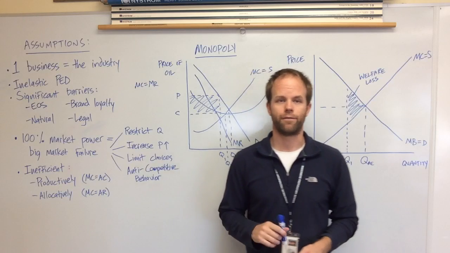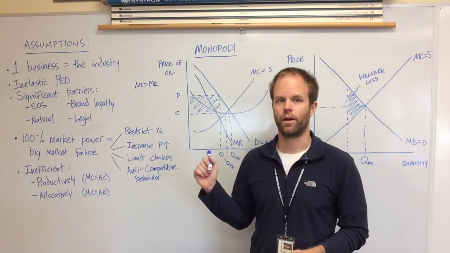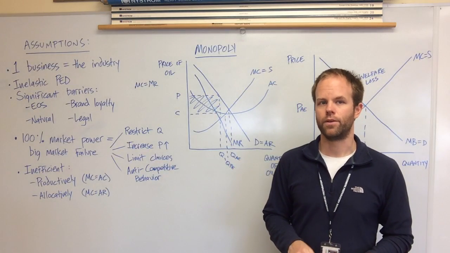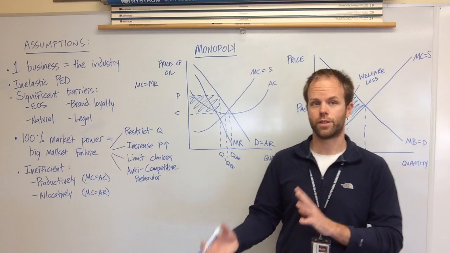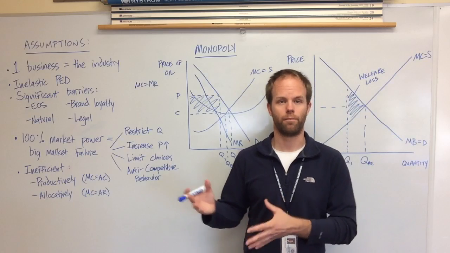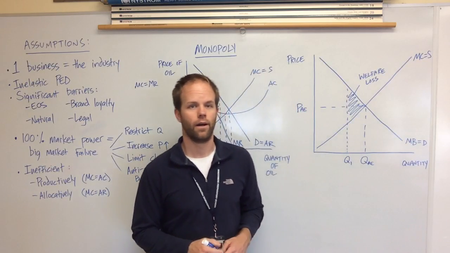Now, conveniently for us, this is also the diagram for an oligopoly, right? So an oligopoly is at least a collusive one, right? Collusion means that two parties that are meant to be competing are working together instead.